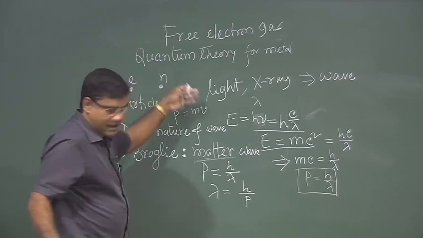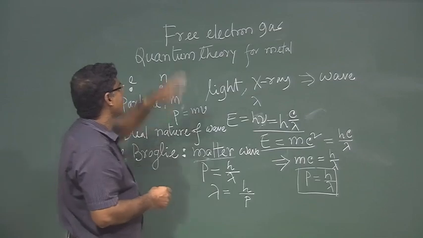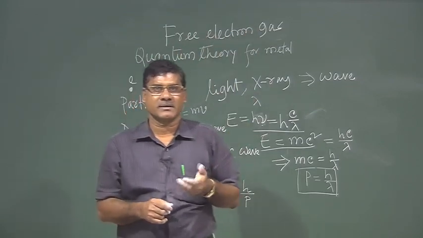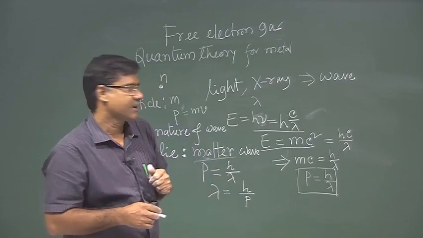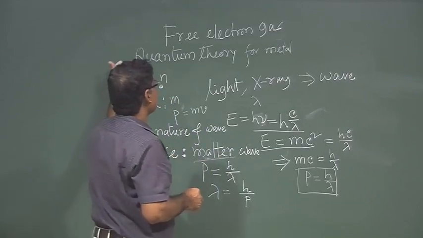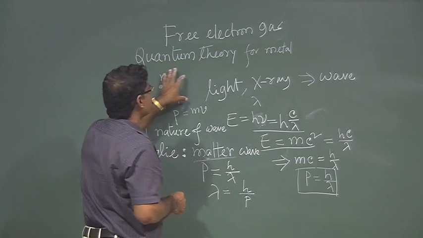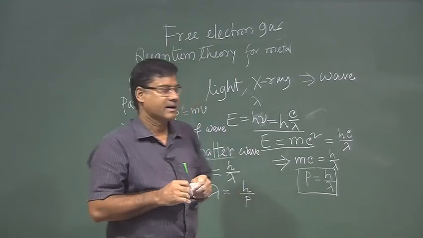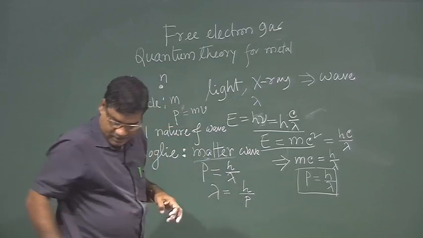Thus here I just tried to justify that the free electron gas can be treated as a wave. So, wave mechanics, that is quantum mechanics, can be used for this free electron gas.